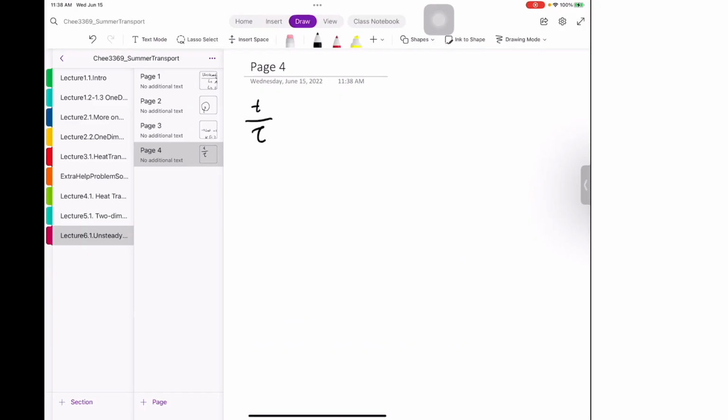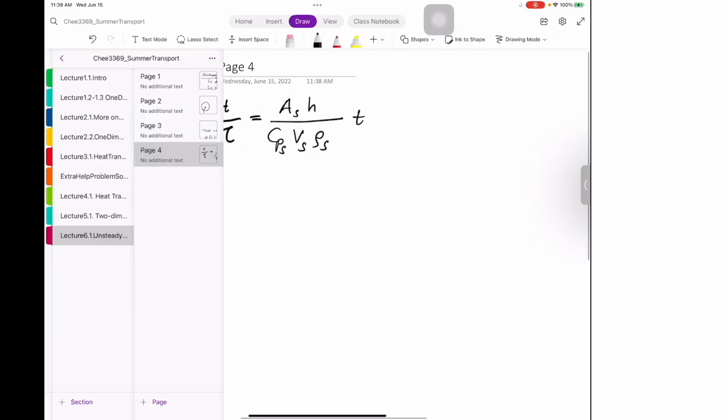t over tau basically is going to tell us how close the temperature is to the equilibrium temperature, right? And that's basically equal to, as you know, tau was the inverse of this A_s h divided by c_p,s V_s rho_s, times t.